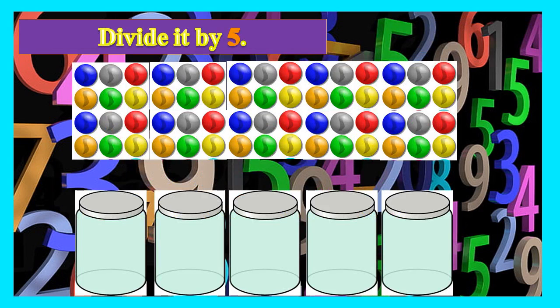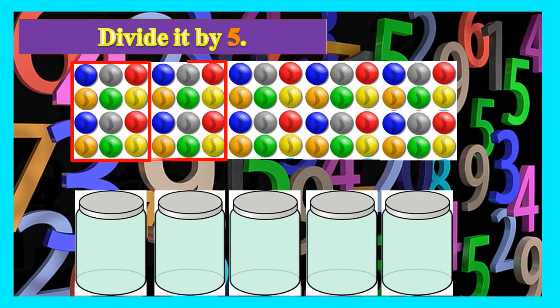Next, what if we divide Jack's marbles into 5 equal sets, or into 5 equal groups? If he uses 5 jars and he wanted to divide his marbles equally into 5 sets or into 5 groups, then how many marbles would be put in each jar? So let me divide these marbles into 5 equal sets, or into 5 equal groups. So this is 1.